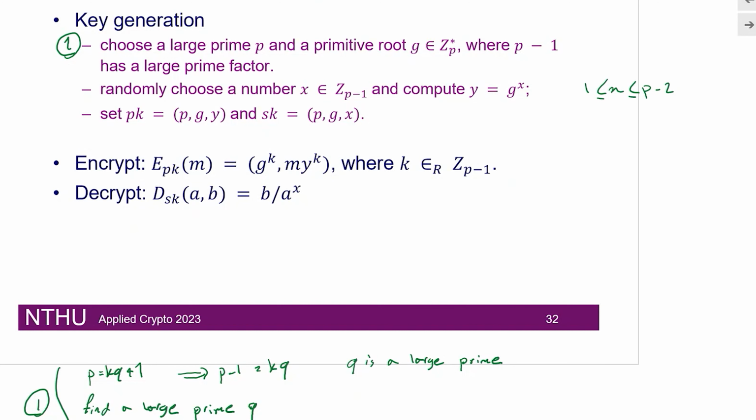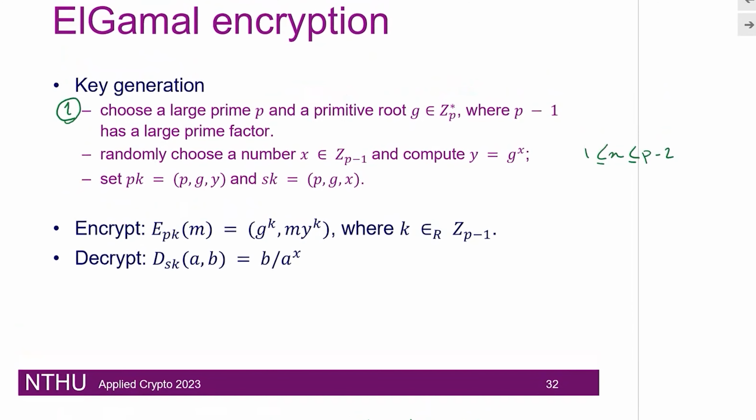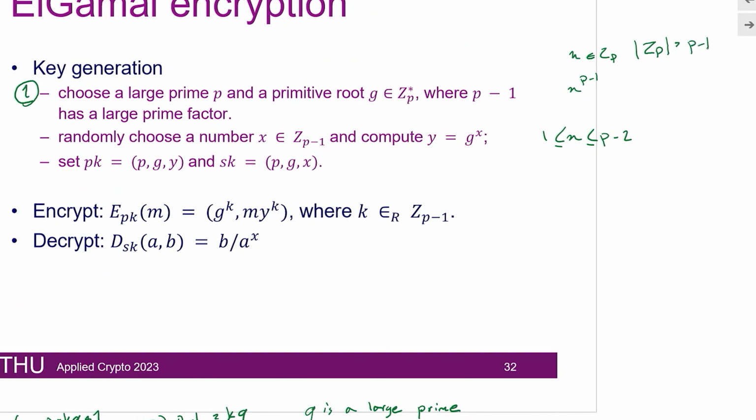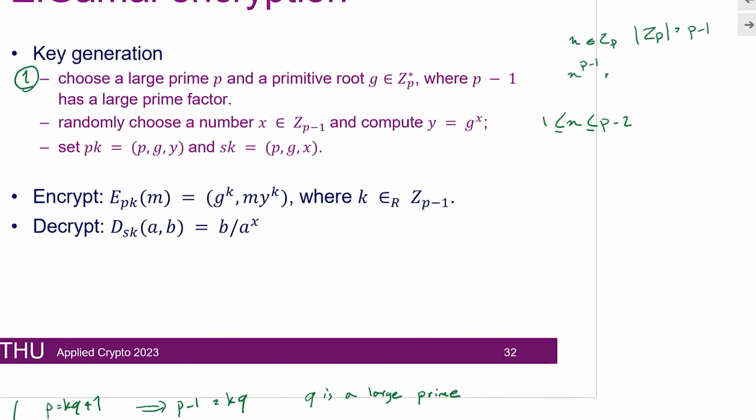You may wonder, why do we have this condition? Remember that if you take any x from Z_p, and we take x to the power p minus 1, which is the length of Z_p, then mod p, this thing is going to be 1, right?